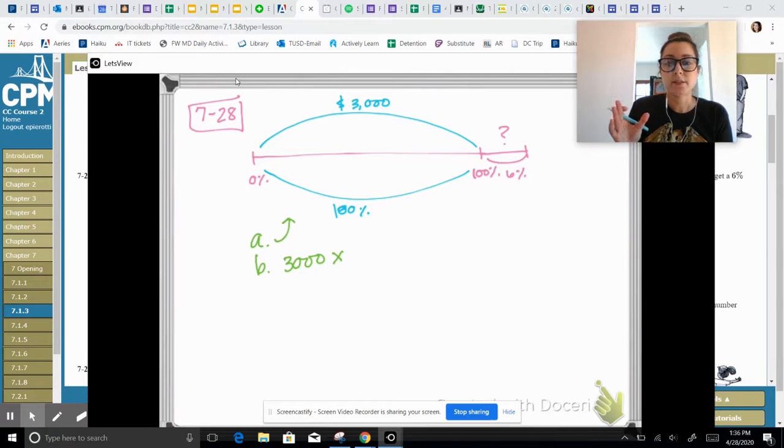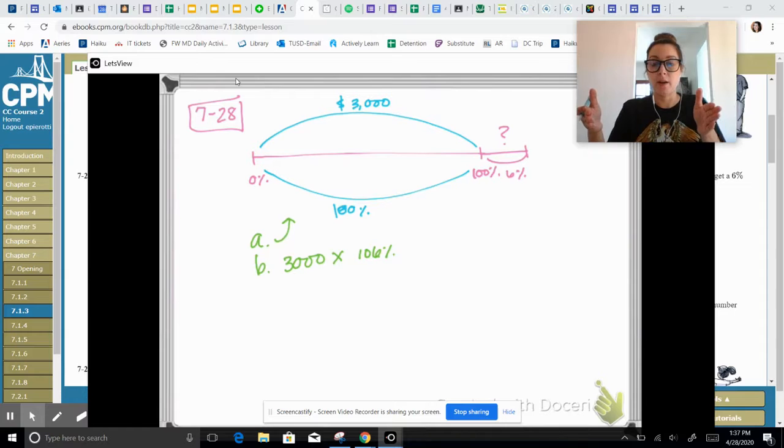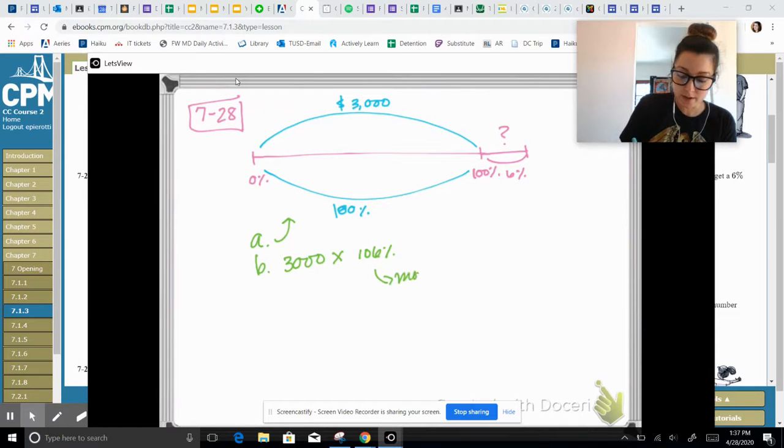Well, since this is a percent increase, she's getting something more than what she was being paid. We are actually multiplying this by 106% because it's her same amount, 100%, plus the 6% that she's getting an increase of. So this would be more than 1, since our total is going to be larger than when we started.